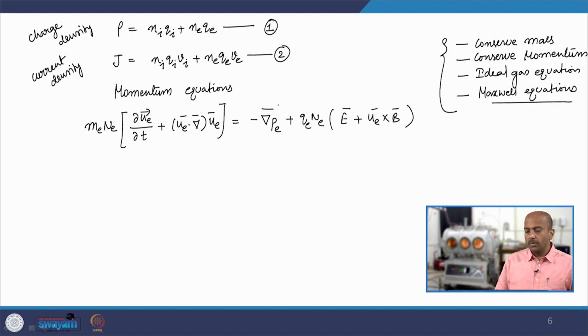What is this? This is the momentum equation for an electron, where on the left hand side you have the rate of change of velocity, and on the right hand side you have all the forces which are responsible for this rate of change of velocity.